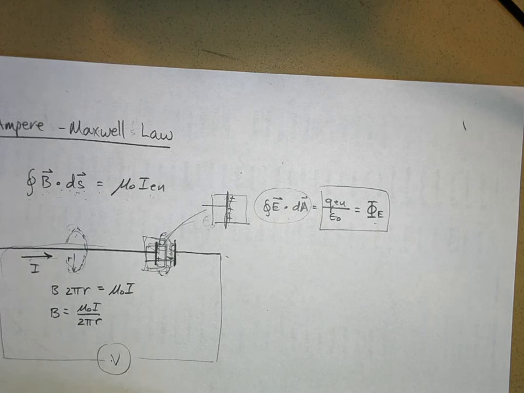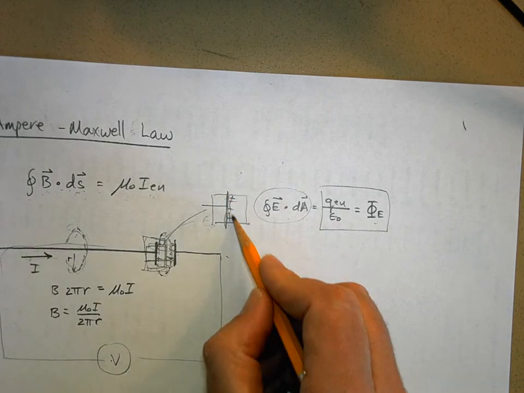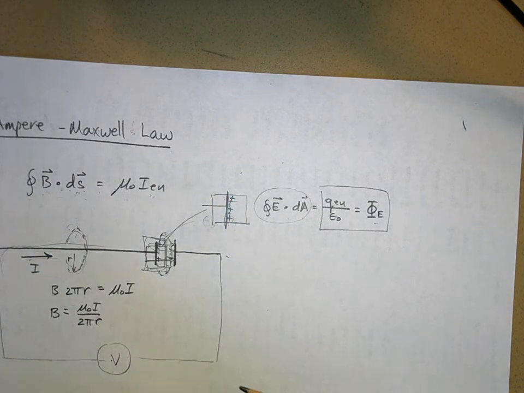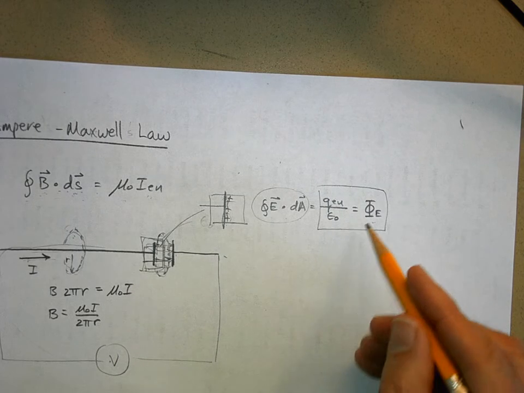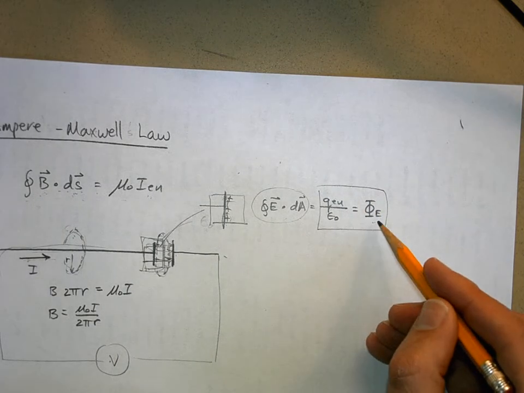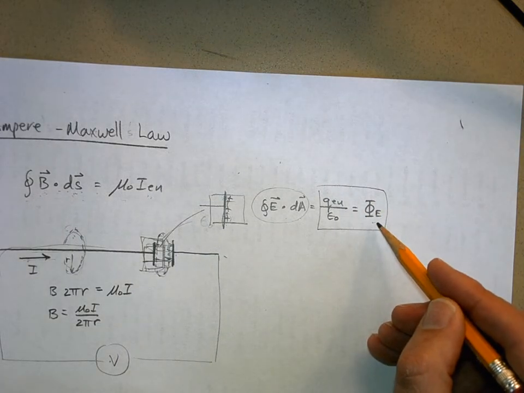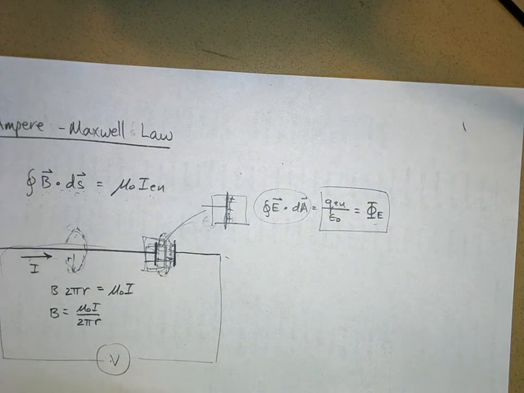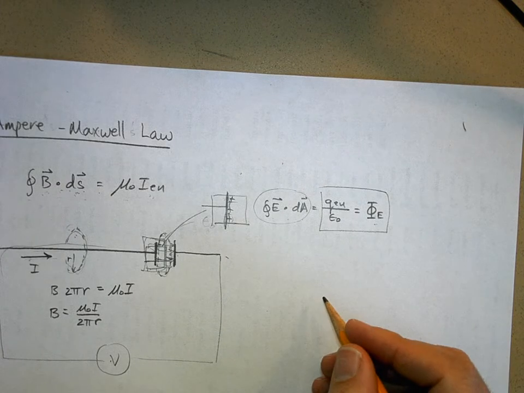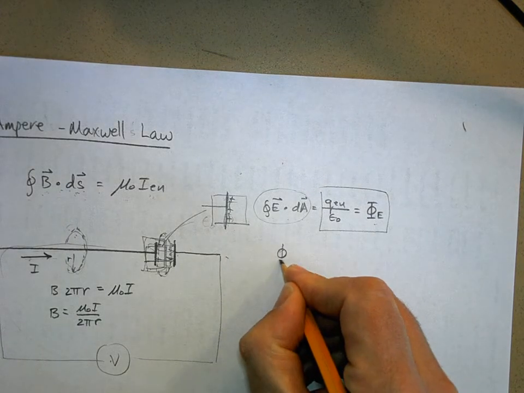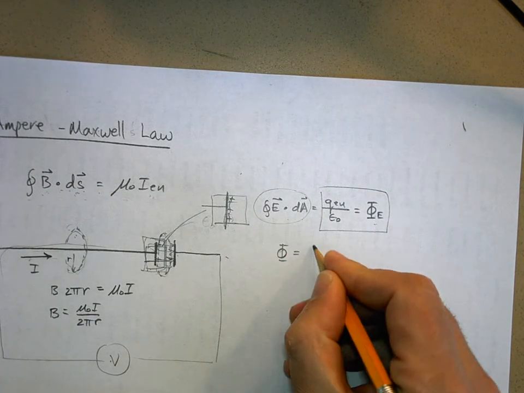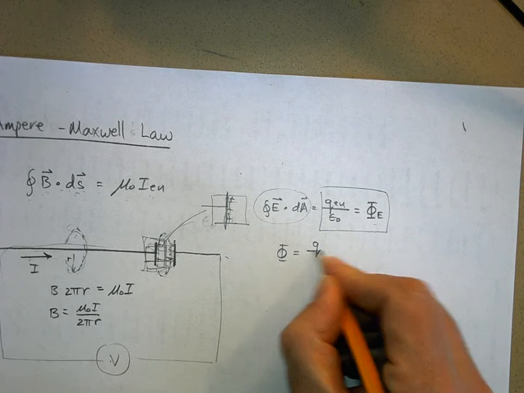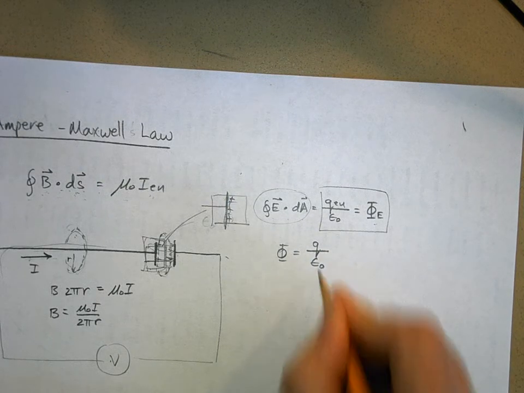And if I add charge on this plate at a certain rate, that means I'm going to be adding flux at a certain rate, because the flux is directly proportional to the amount of charge on the plate. So here's what I'm going to do. I'm going to say, okay, the electric flux is equal to the charge on the plate, I'll just call it Q now, over epsilon naught.